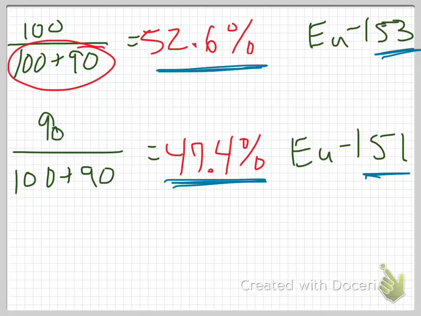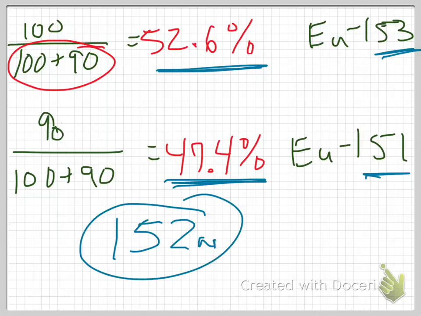So we could very reasonably assume that the average atomic mass is going to be about 152 AMU. So it's going to be 152.05. There's a tiny bit more of the 153 isotope, but this is a good answer based on these.